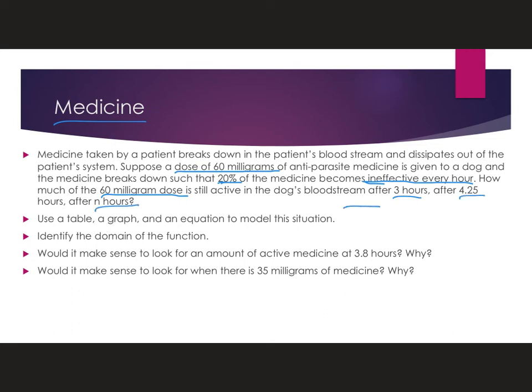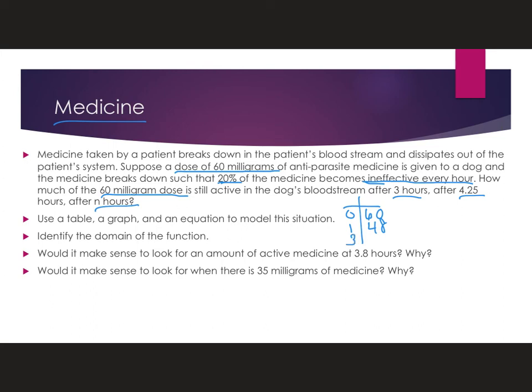So we're going to do our table. So at hour 0, he has 60 milligrams. Each hour, he's going to lose 20%. So after 1 hour, he loses 20%, which is going to be 12 milligrams, so he'll be at 48 milligrams.